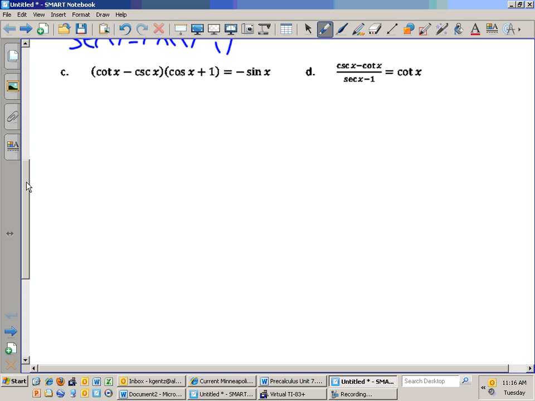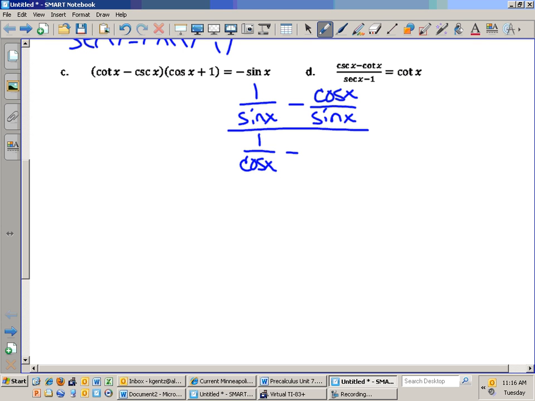So the top looks like this. 1 over sine of x minus cosine of x over sine of x. Agreed? Divided by, the bottom would be 1 over the cosine of x minus, I'm going to write it as 1 over 1.